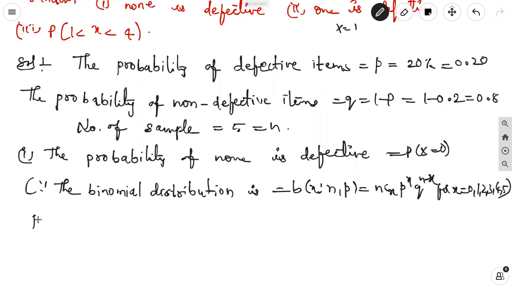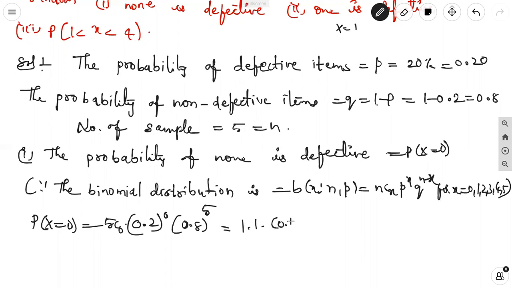In this, probability of x equal to 0 means 5C0 p power 0 q power 5 minus 0. p equal to 0.2 whole power 0, q is 0.8 whole power 5 minus 0 is 5. It is equal to 5C0 is 1, 0.2 whole power 0 is 1, 0.8 whole power 5.